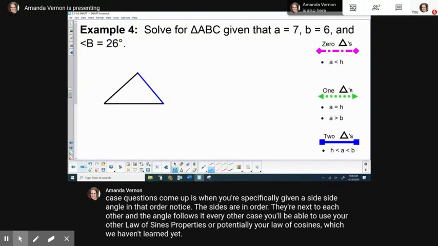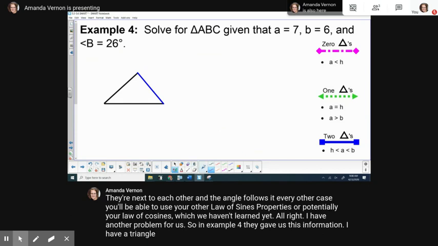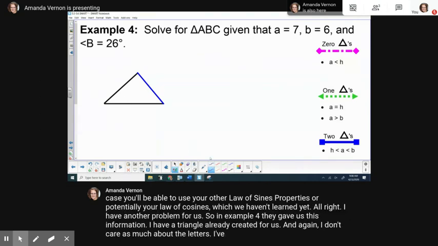All right, I have another problem for us. So in example 4, they gave us this information. I have a triangle already created for us. And again, I don't care as much about the letters. I'm always going to place my given angle in that bottom corner.